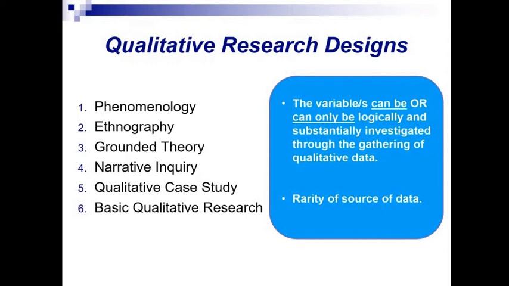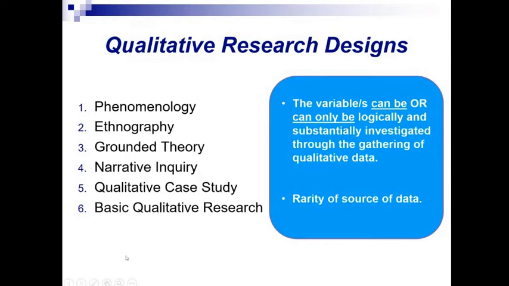Okay, so if we look at the different qualitative research designs, we can see a couple of these on the screen, but these are not the totality of the research designs in the qualitative approach. There are many actually, but these are considered to be the popular or the common ones. Examples of these would be phenomenology, ethnography, grounded theory, narrative inquiry, qualitative case study, and basic qualitative research.